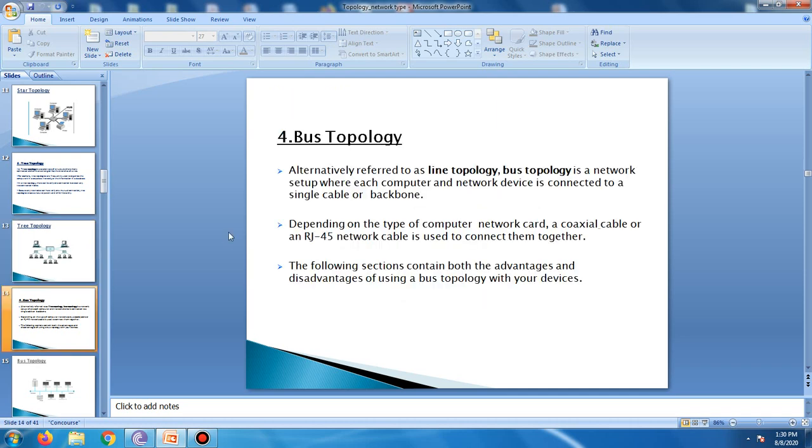Next one, bus topology. It is also called line topology. It is a network setup where each computer and network device is connected to a single cable.